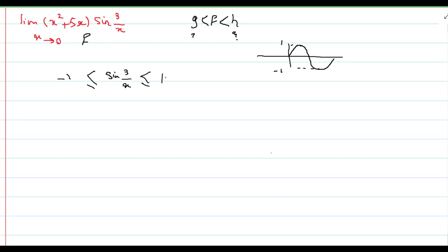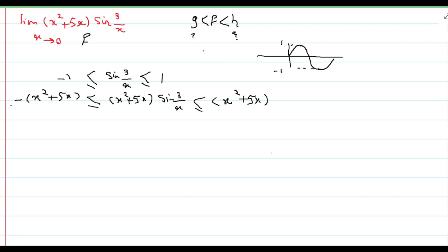So here if I want to figure out f, I have to multiply by x^2 plus 5x. So I multiply both sides by x^2 plus 5x, so we can get this, and now we can take the limit of both sides.